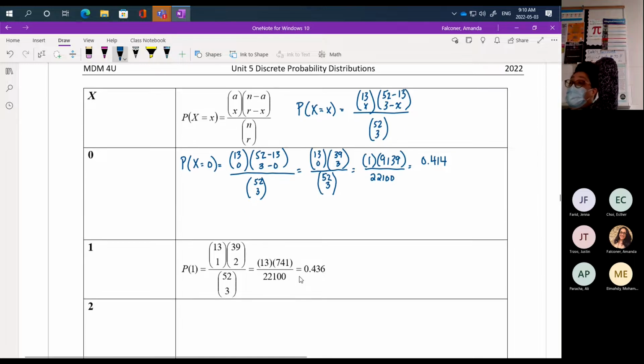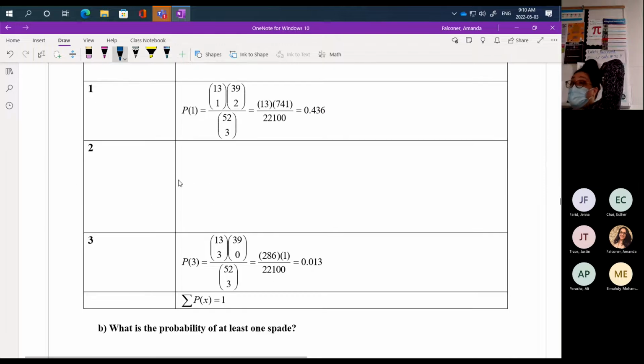Probability of getting 1 spade in this scenario is already done for us. It's 44%. You guys can try right now doing the one for getting 2 spades. And then I'll put my answer in and you can compare.